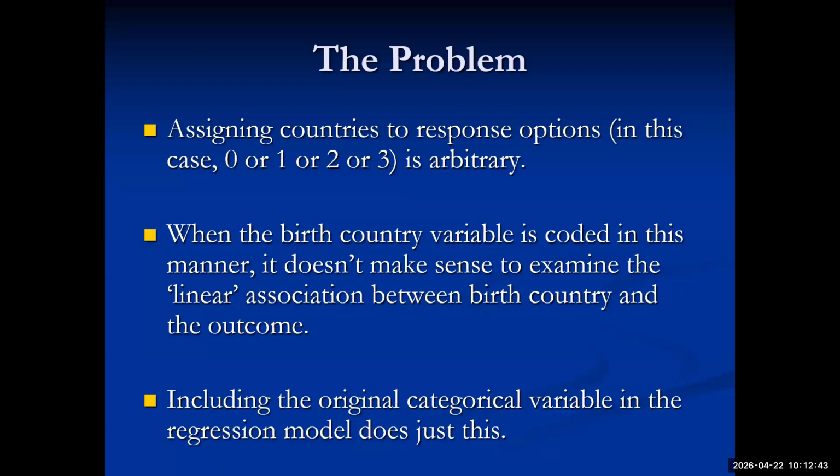Okay. Now, when we've got a qualitative or nominal grouping variable and those quantitative response options are arbitrary, it doesn't really make sense to think about a linear association between x and y. However, if we include the original categorical variable in the regression model, that's exactly what the model assumes.